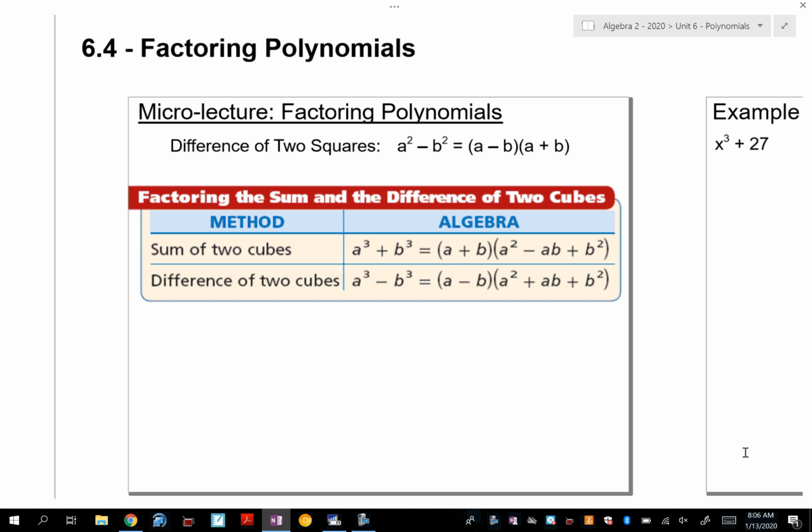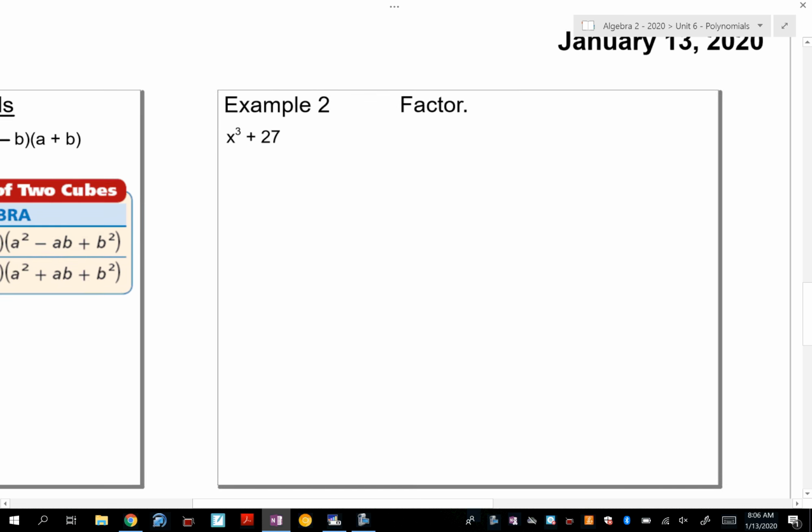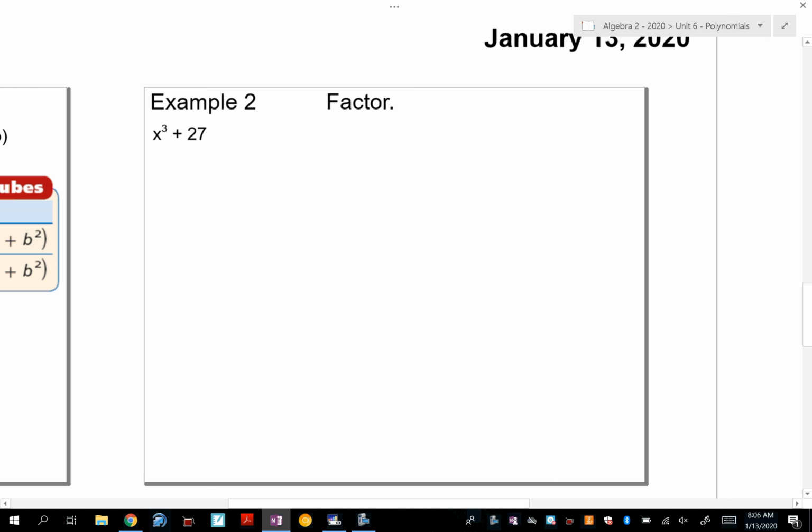All right? So the way it works, we're going to do a sum of two cubes first. What I want you to do is first find what is being cubed for both of these terms. We have x cubed here. So what do I put in the parentheses so that when I cube it, I get x cubed?